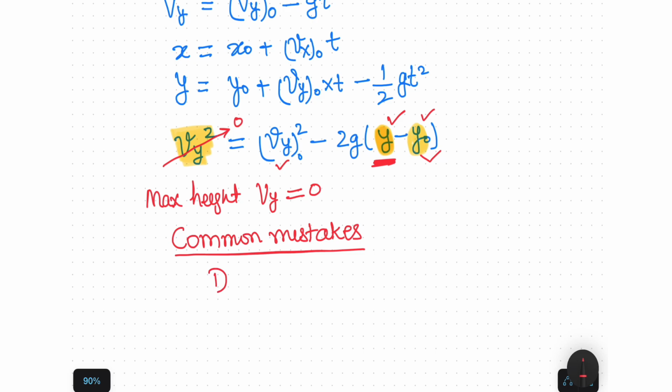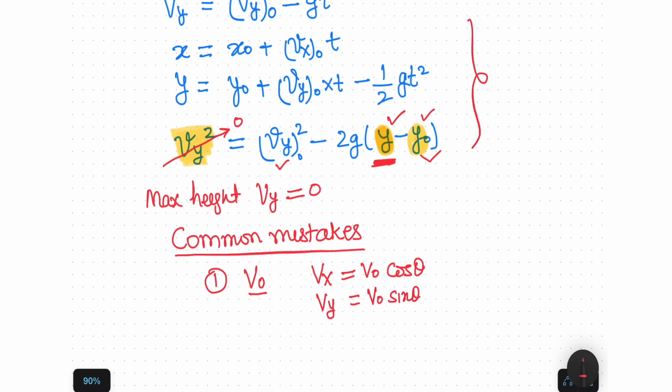First of all, we have to take care about the initial speed. If we are calculating Vx, write V naught cos theta. Sometimes students directly use V naught. When you have to use Vy in this formula, write the value V naught sin theta. So make sure you are using the right component.